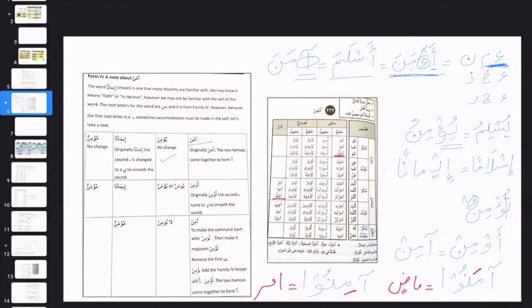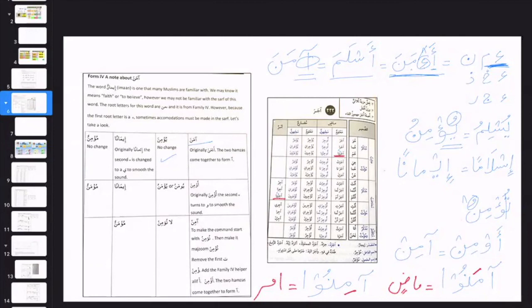I mentioned many times these friendly pairs: dhamma is always friendly with waw, fatha is friendly with alif, and kasra is friendly with ya.